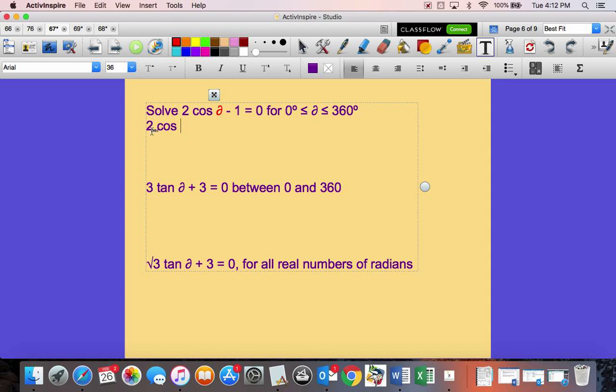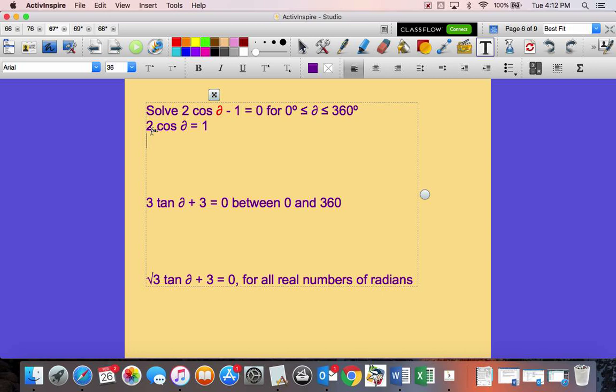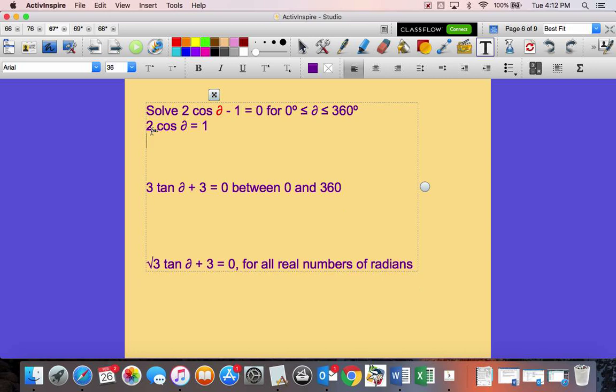So we've got 2 cosine of theta equals, we add the 1 over, and now equals 1. Then we're going to divide by 2, so we've got cosine theta equals 1/2. And then we've got to move the cosine over to the other side like we did on the very first page. So not dividing by cosine, we would take cosine inverse of 1/2, or cosine inverse of a positive 1/2.